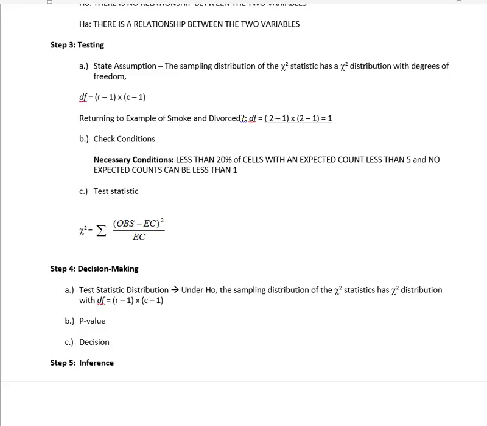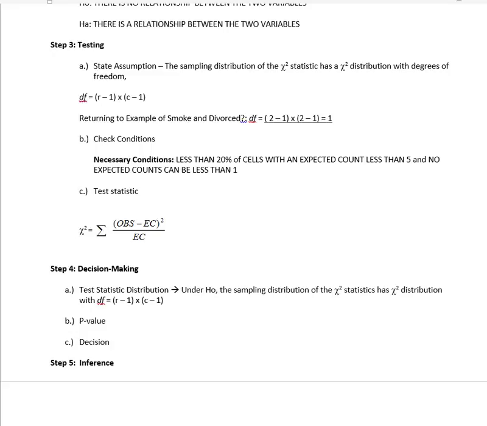So after testing, you're going to move to step 4, which is decision making. That will follow the same format as you've been using in the hypothesis test we've done up to this point. First, the test statistic distribution. So under the null, and because we calculated a chi-square statistic in step 3, we are using the chi-square distribution. Now, one thing that you'll notice about the chi-square test statistic is that it will always have to be positive.